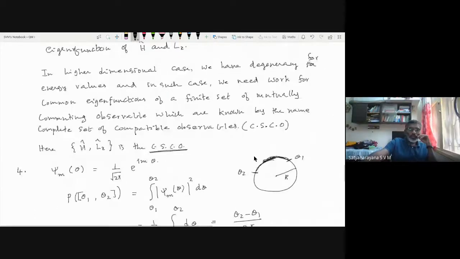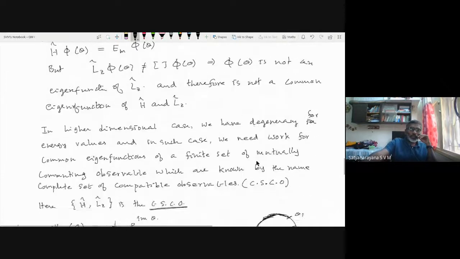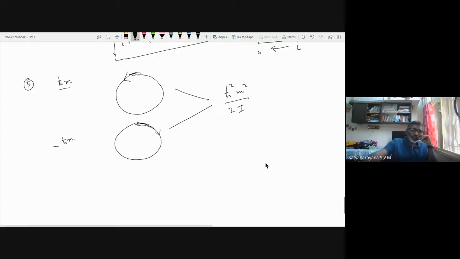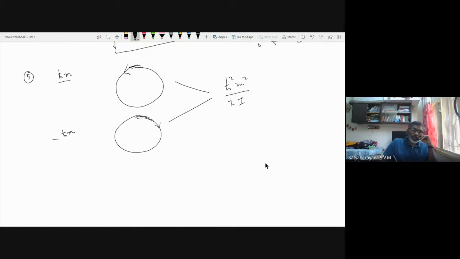Okay, so I will probably sign off from this, but I wanted to tell you that this kind of model is very important in chemistry. For example, let's say that you have a benzene molecule.